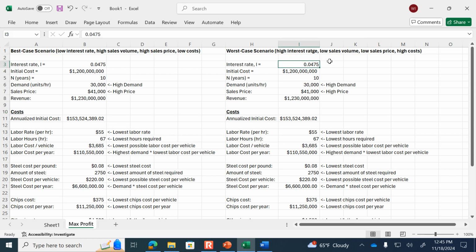So let's see, what is the worst case scenario? High interest rate. Lower demand. Lower sales price. Higher initial cost because of the interest rate. Labor rates are higher. Highest labor rate.